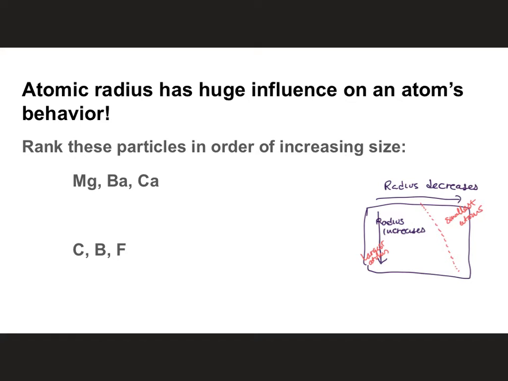So, get your periodic table out, pause the video, and see if you can put these 2 sets of atoms in order from smallest atom to largest, because we're going in increasing size.